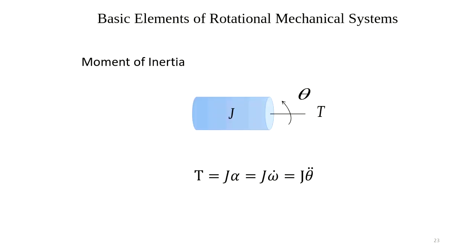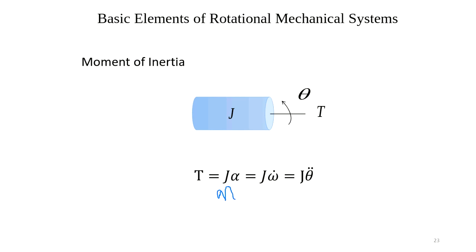Moment of inertia is like mass, but in the rotational sense. If you are talking about the mass of a translational system, once it starts rotating, then you have to talk about the moment of inertia. Remember, Newton's law is mass times acceleration.